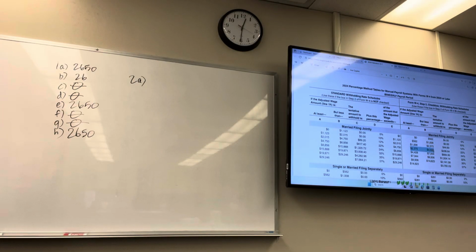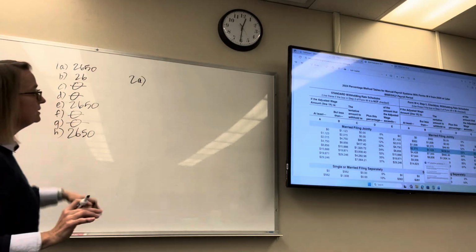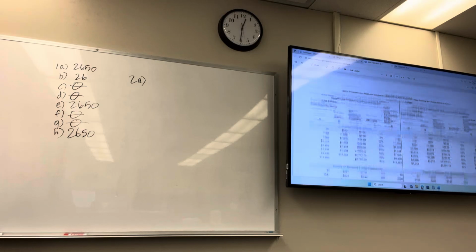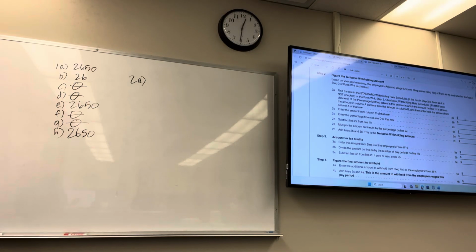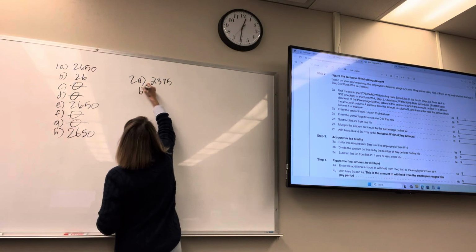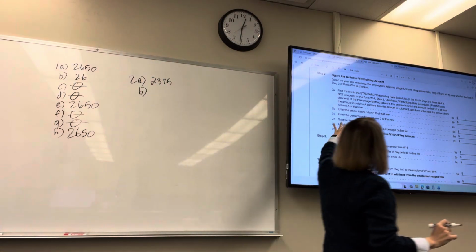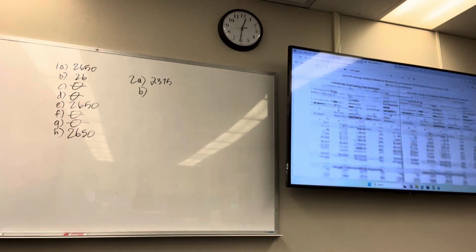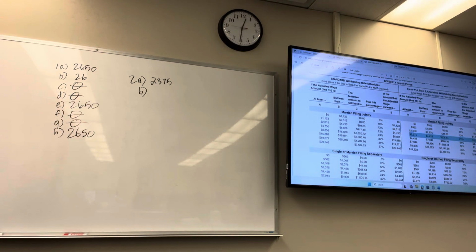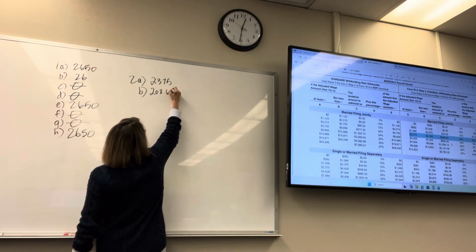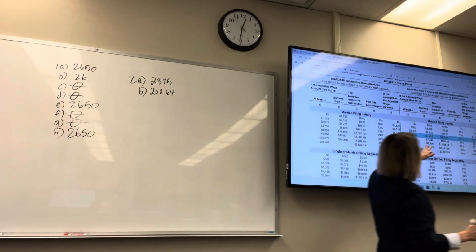So 2650 is going to be right here. The amount in column A, 2375, is what we're going to put here on 2A. Step 2B, the amount from column C of that row. Column C, 208.64, right here.